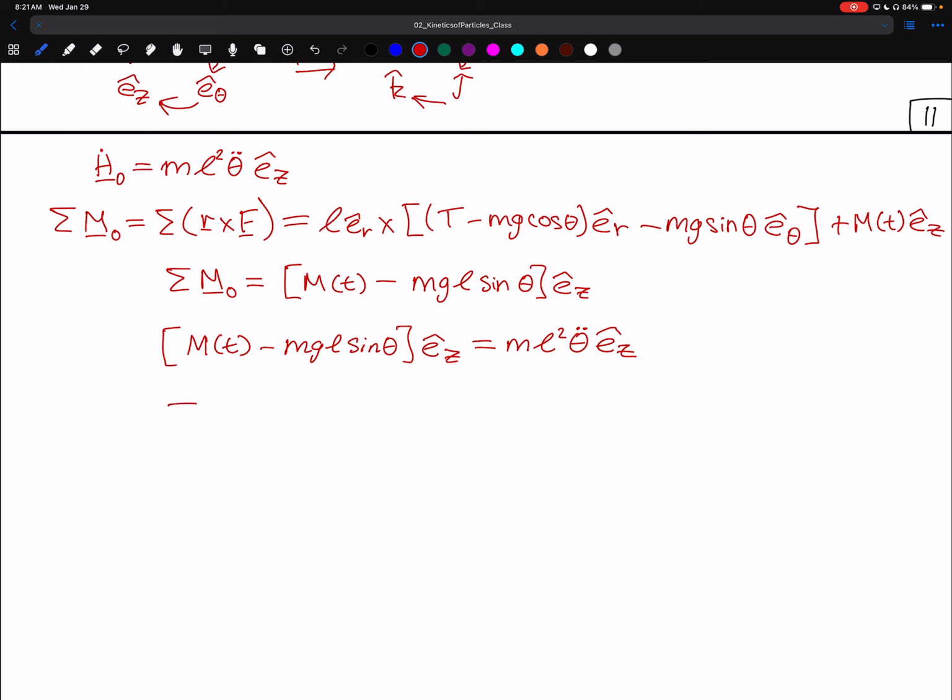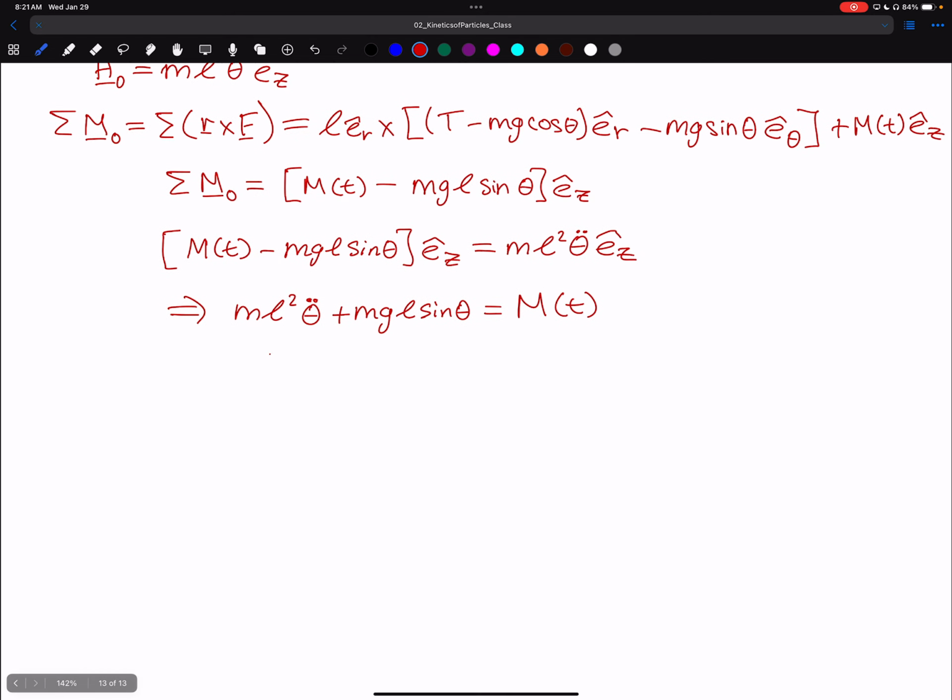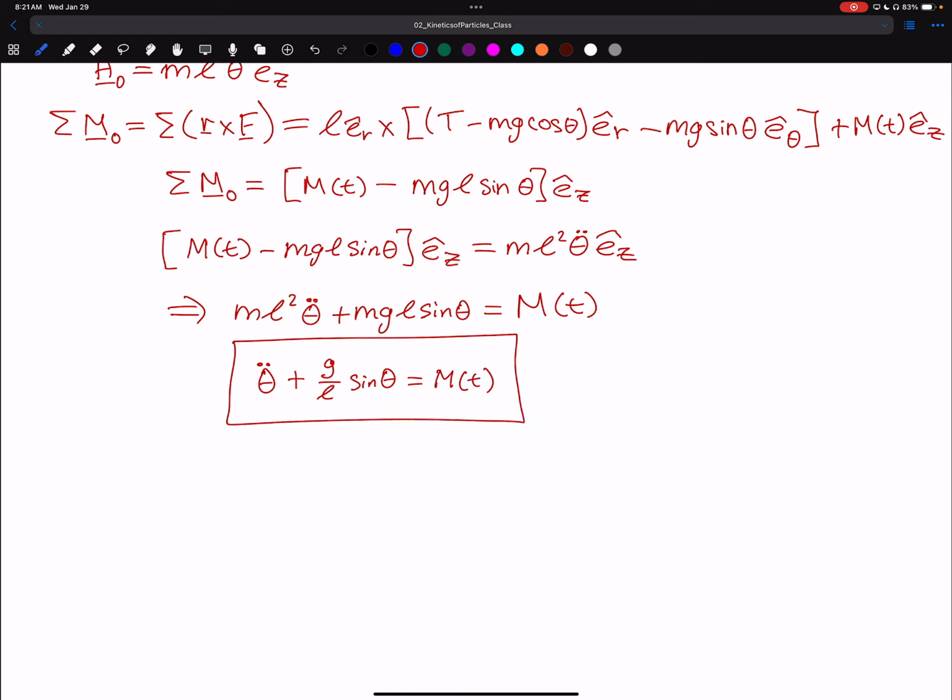And then from here, we'll find that m L squared theta double dot plus mgL sine theta is equal to our external moment. Or we can simplify and we'll get theta double dot plus g over L sine theta is equal to the moment m of t. And that is our equation of motion.